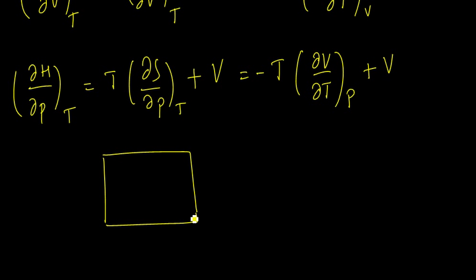So start from the bottom of the square and write all of these functions in alphabetical manner counterclockwise. So A, G, H, U. And next to each one, write the common variables. So between A and G, temperature is the common.